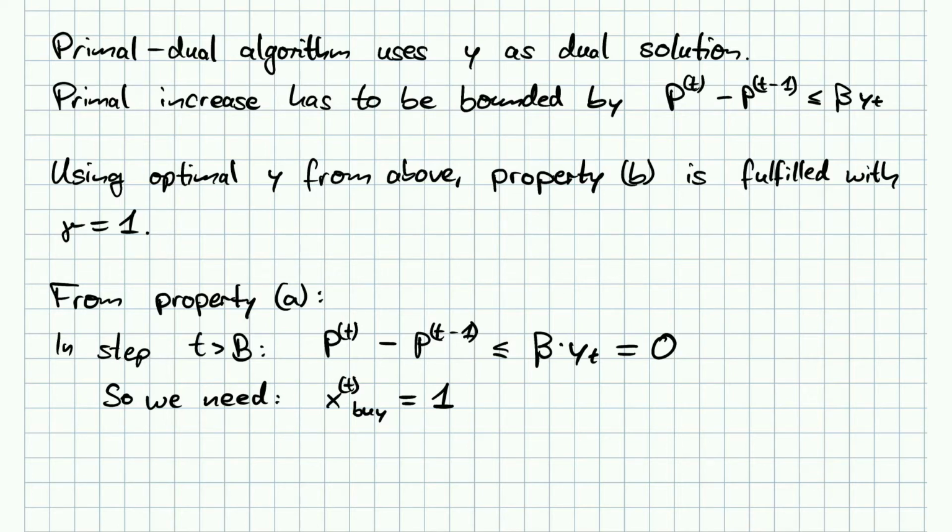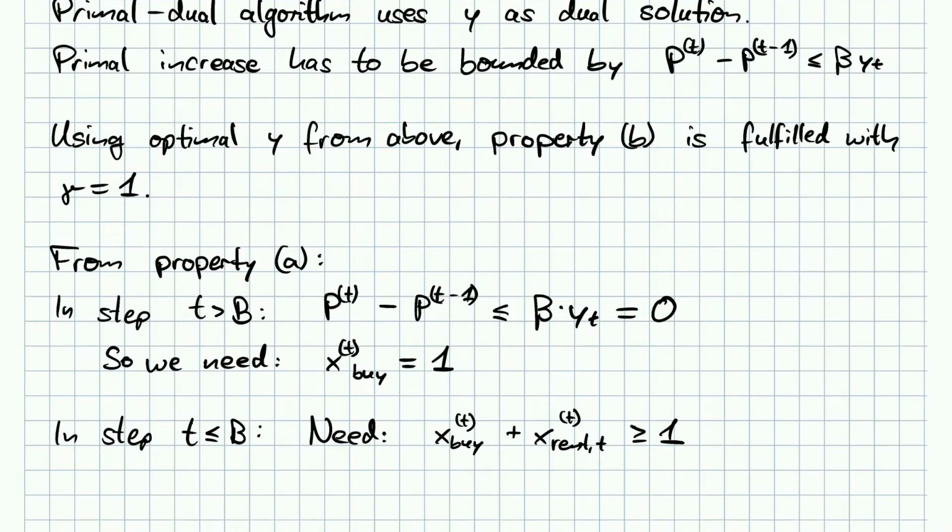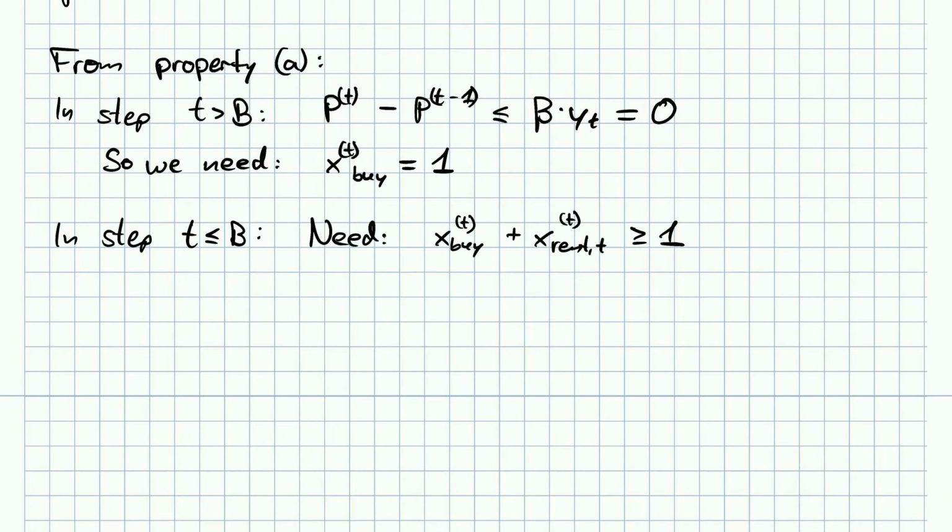And what else do we need? In a step before that, we will need that the buy plus the rent variable is at least 1. And how can we achieve this?